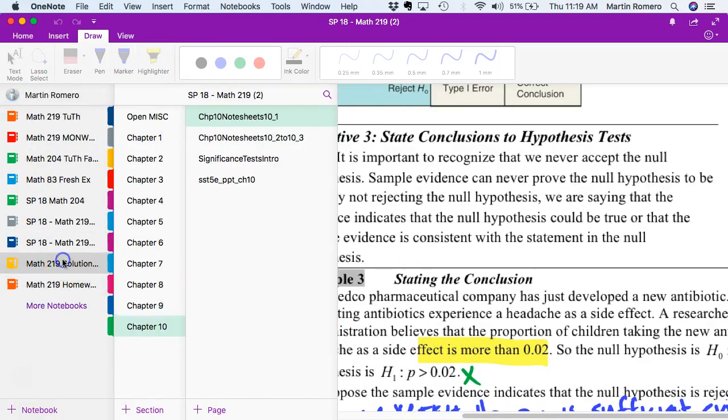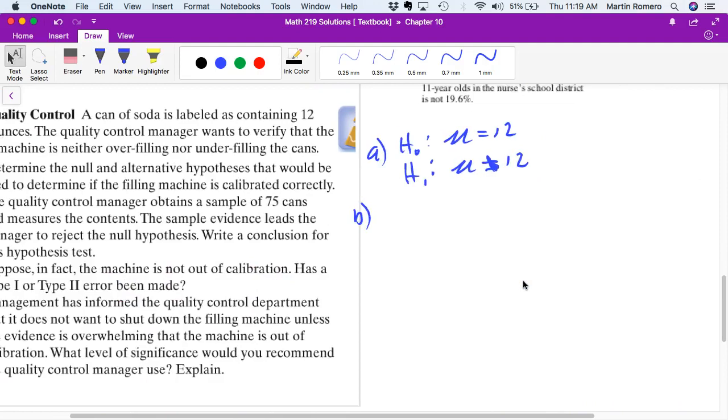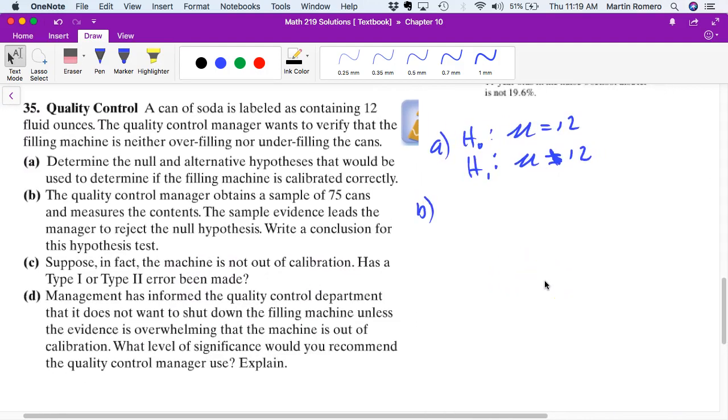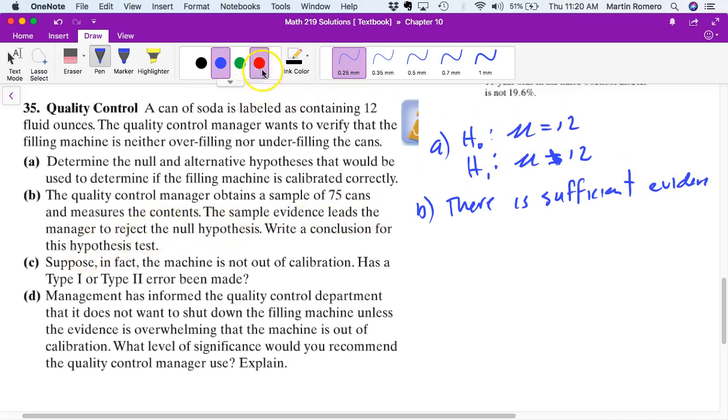And so on this solution here, what are we going to conclude on B? On B, we're going to conclude that there is sufficient evidence, right? The sample evidence leads the manager to reject the null hypothesis. So when we say that, we're saying this is bad and this is good.